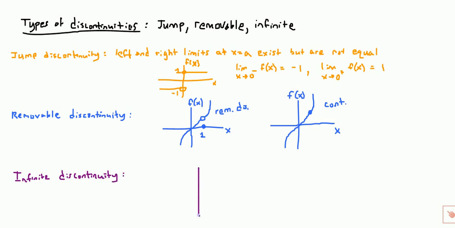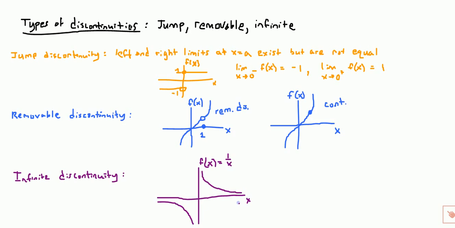We've looked at the various limits of 1 over x, right? Graph of f of x equals 1 over x. This graph has an infinite discontinuity, right?